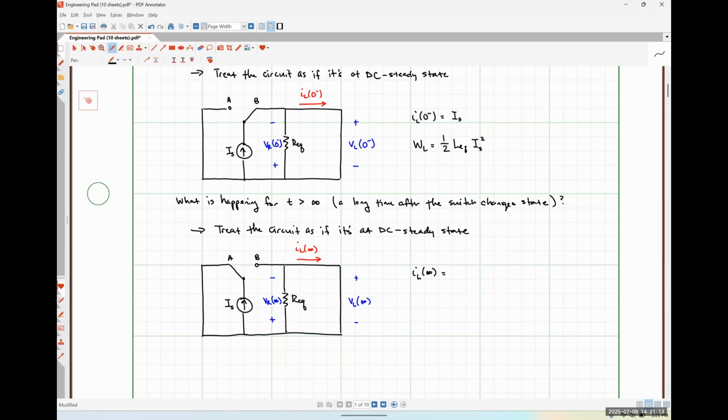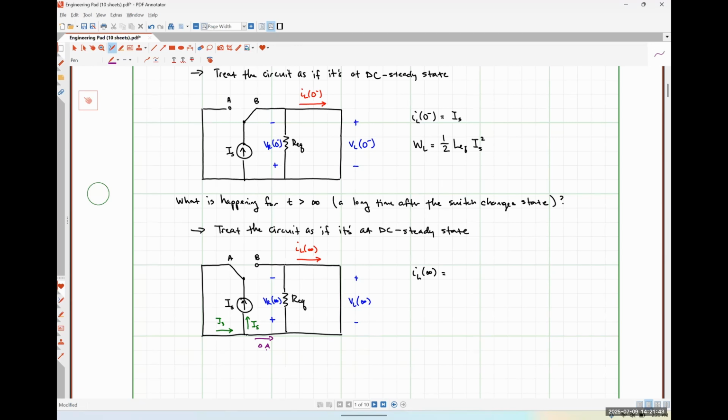If we were to apply Kirchhoff's current law, we can see that the current flowing in to this node right here is IS. The current flowing up is IS, which means the current flowing across this way has to be 0 amps in order for Kirchhoff's current law to be satisfied.